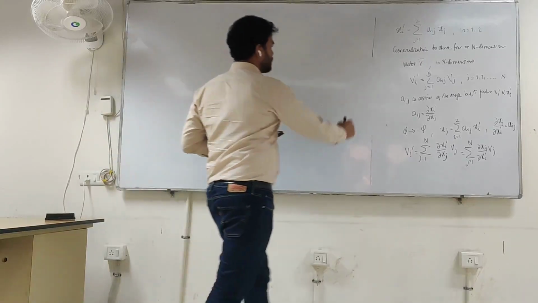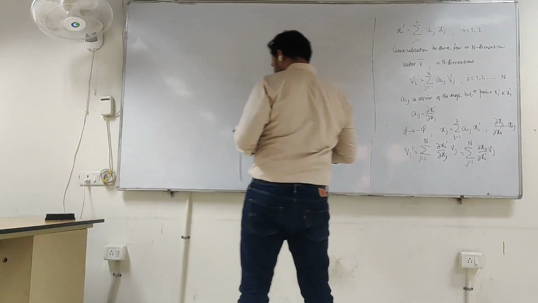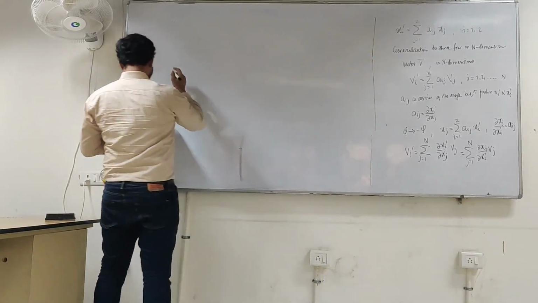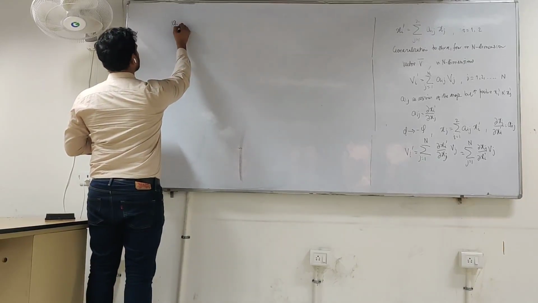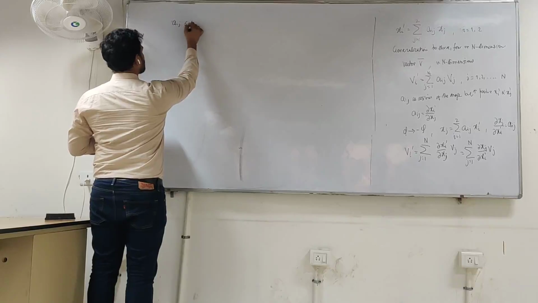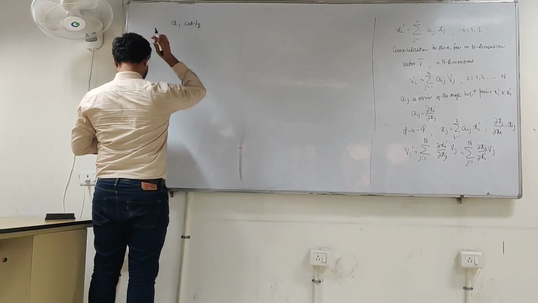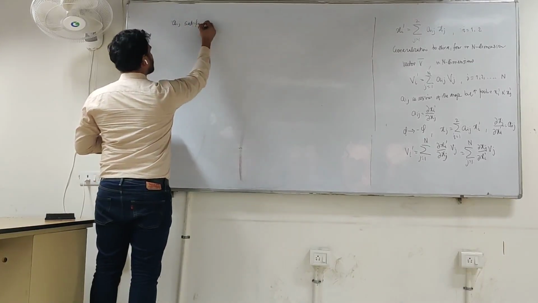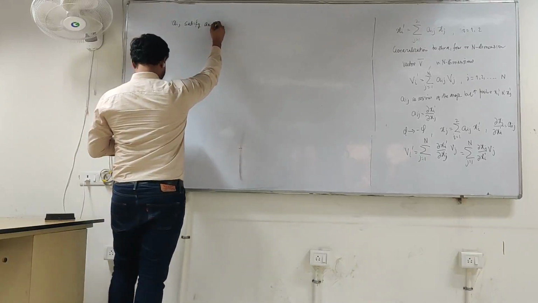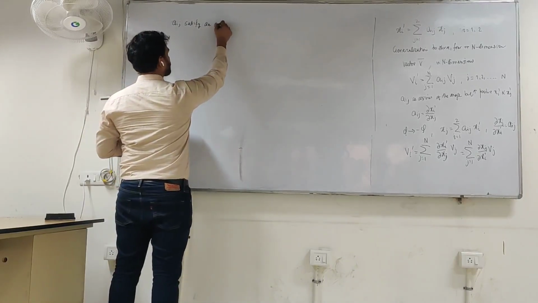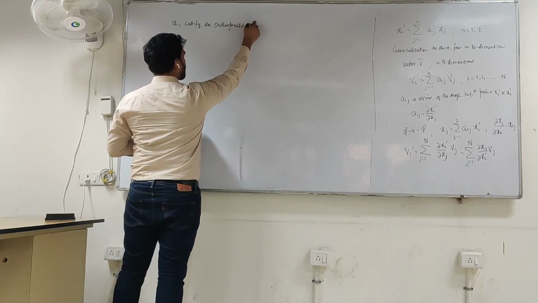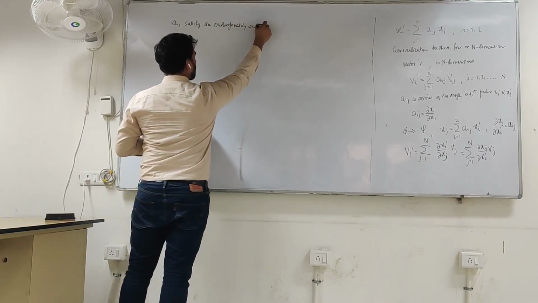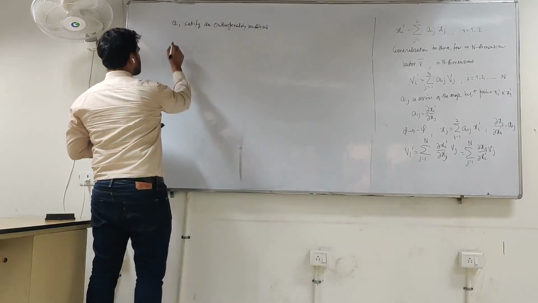Now let's see that direction cosines aij satisfy orthogonality conditions. Okay, what are the orthogonality conditions?